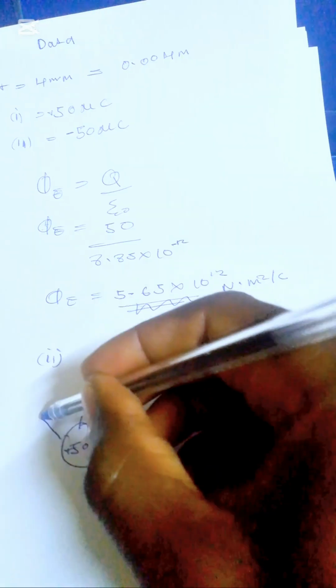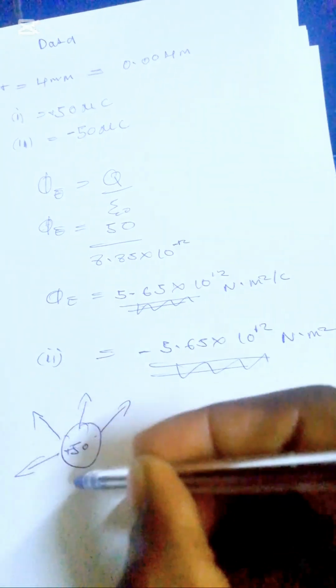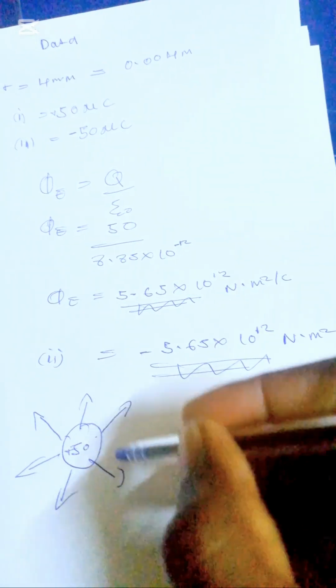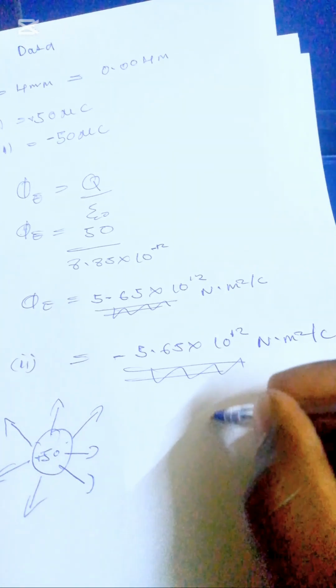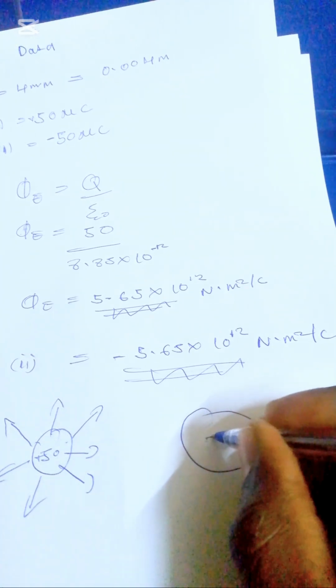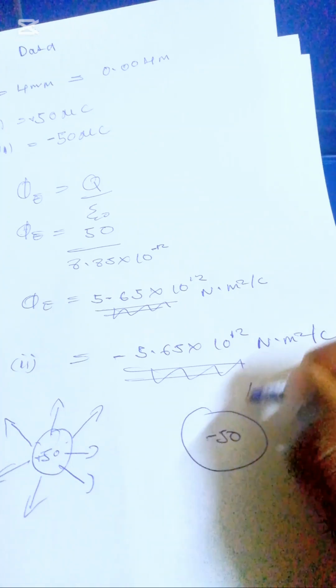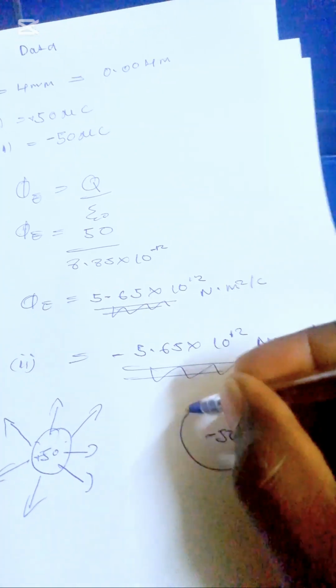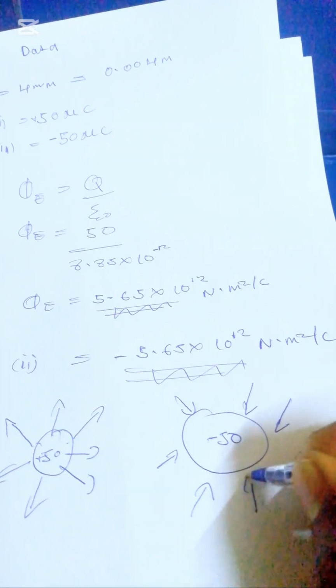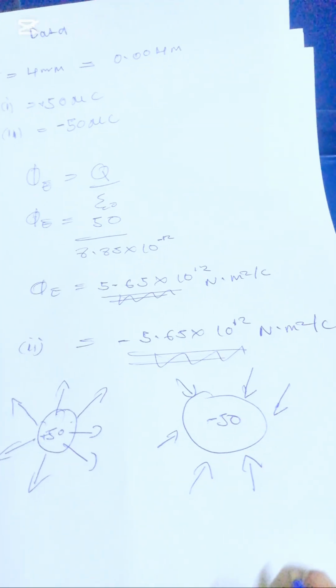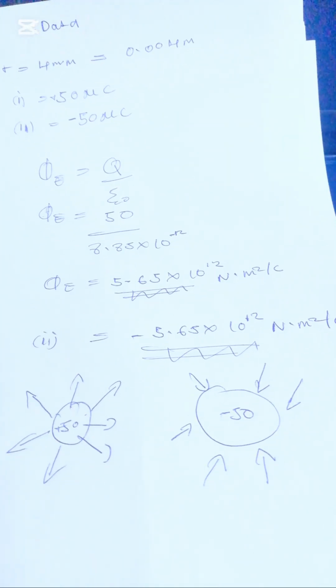So when it's negative, it's the vice versa. When we have a negative 50, the electric field will go inward. So that's the direction. That's the simple sketch you can show.